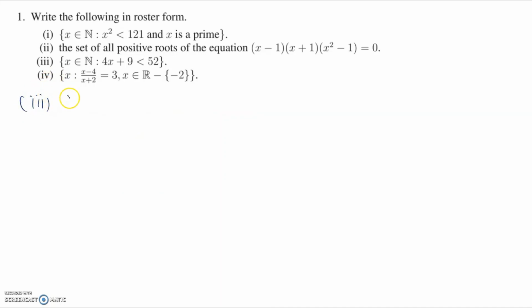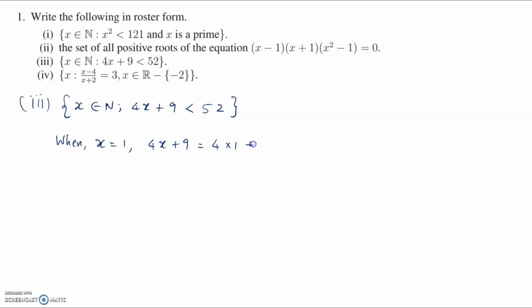So for the third one, the expression is x belongs to N such that 4x plus 9 is less than 52. So x belongs to all natural numbers. So let's start the natural numbers from 1. So when x is equal to 1, 4x plus 9 will be equal to 4 into 1 plus 9, which is equal to 13. That's less than 52.